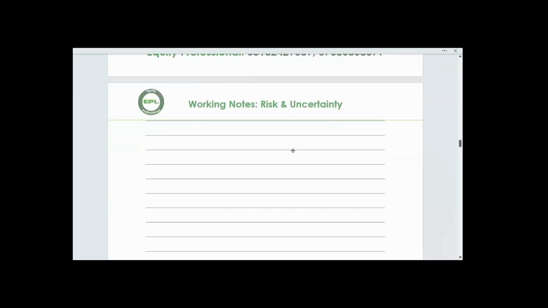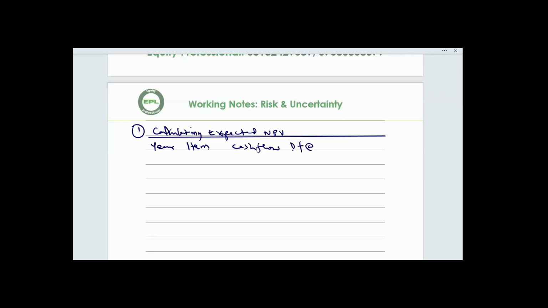So requirement number 1, we have to calculate expected net present value. Create a column for year, description of item if necessary, then cash flow, discount factor. What's the cost of capital given? 10%.